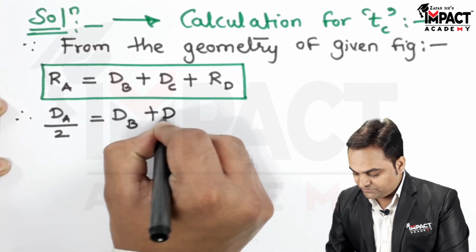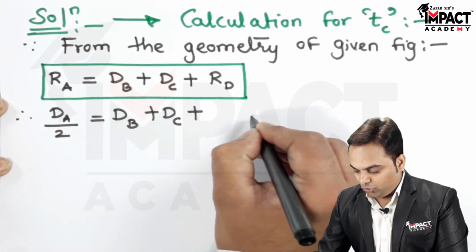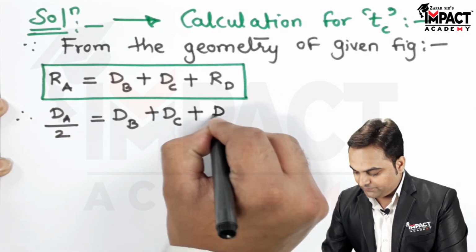The next step is to keep all the radiuses in the form of diameter.